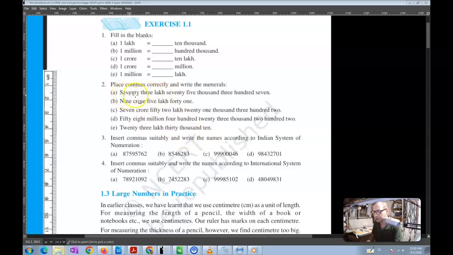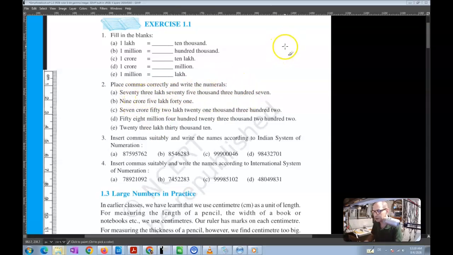Now we have 73,75,307, and we want to place the commas properly. Let's write the number in the Indian system.